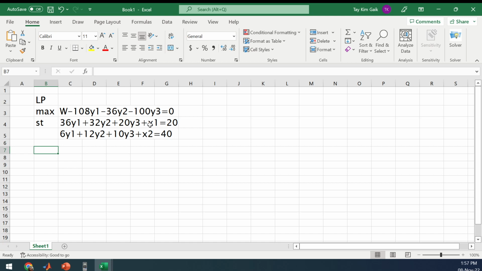Now in the dual problem, S1 is associated with the first decision variable in the primal problem, so plus X1. In the second constraint, normally we put plus the second slack variable S2. In the dual problem, the slack S2 is associated with the second decision variable X2 in the primal problem.